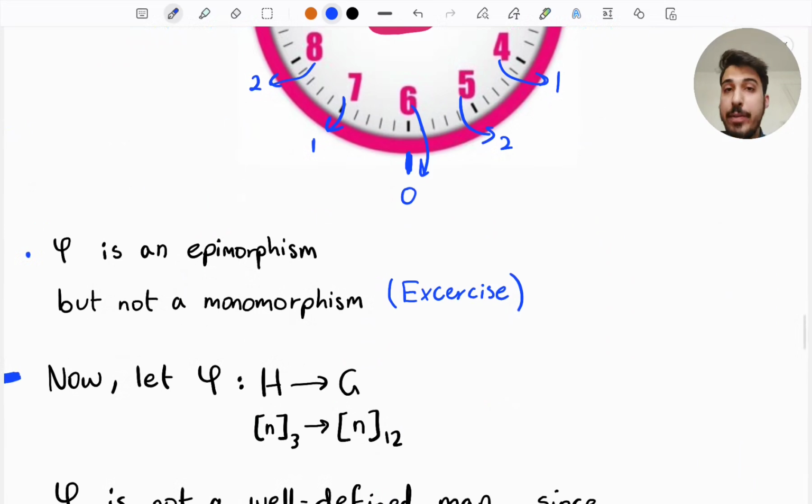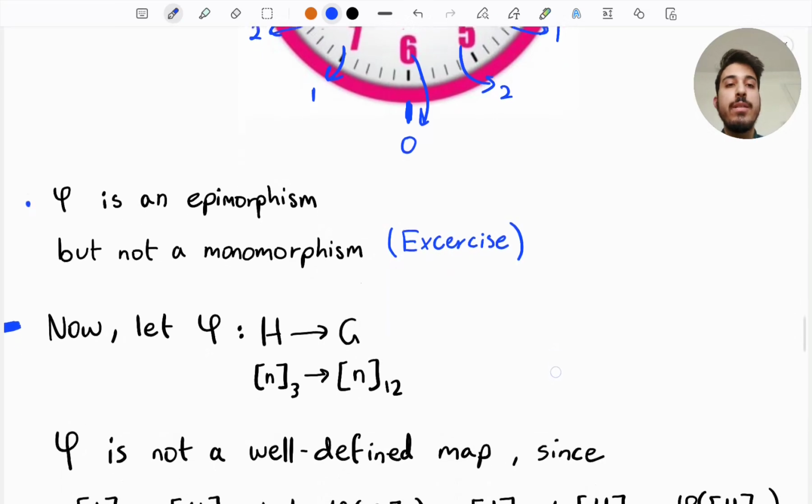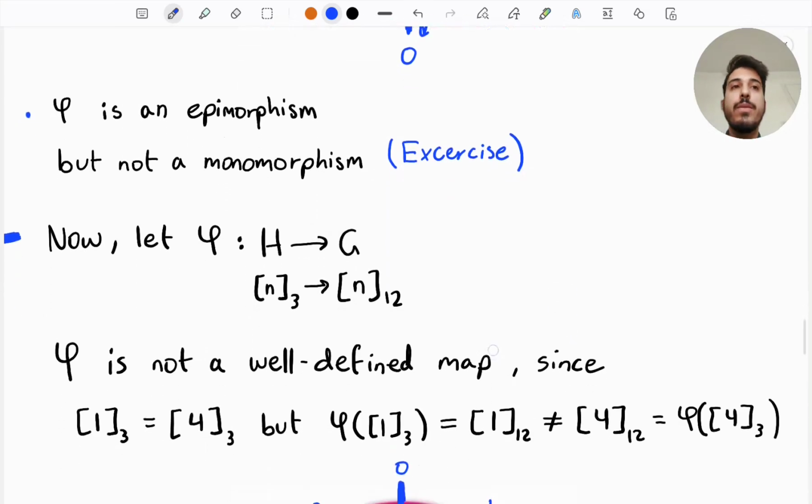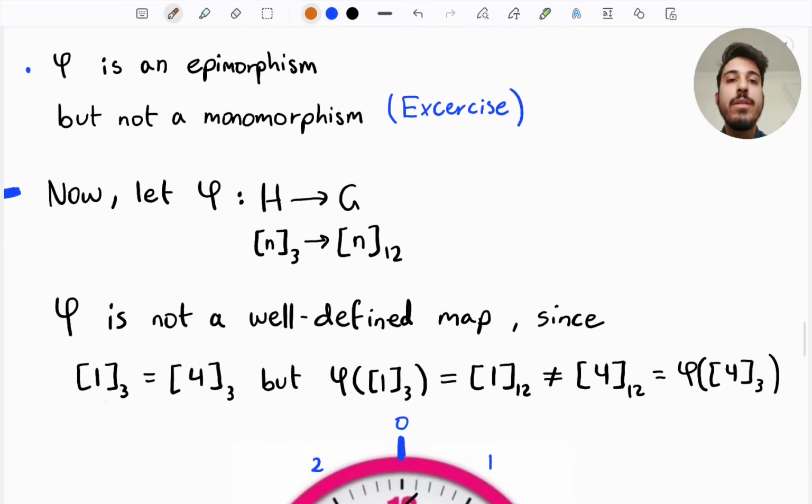Now, let phi be another map that we have defined to go from H to G. So it takes an element from Z/3Z and gives you back the same element but in Z/12Z. This map is not well defined because, for example, 1 mod 3 is equal to 4 mod 3. So 1 mod 3 is congruent to 4 mod 3.